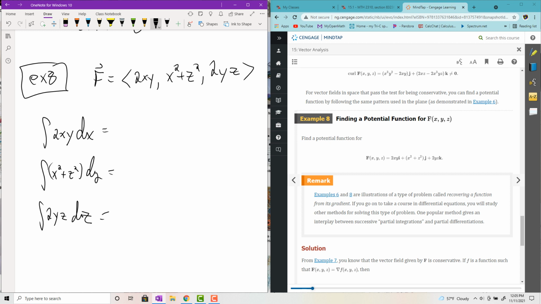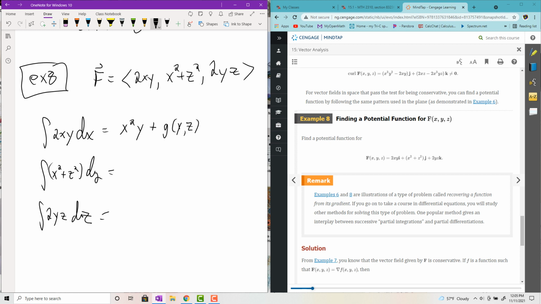So, with respect to x, you're going to get 2x squared over 2, times y, so you get x squared y, plus this other function which has 2 variables potentially, y and z, and then same for the rest of them.